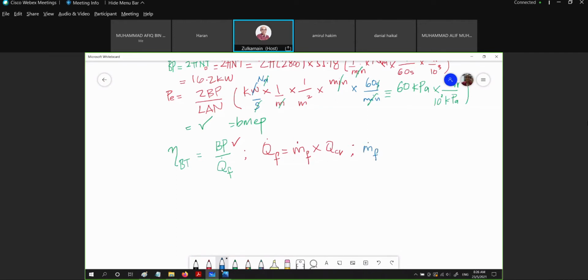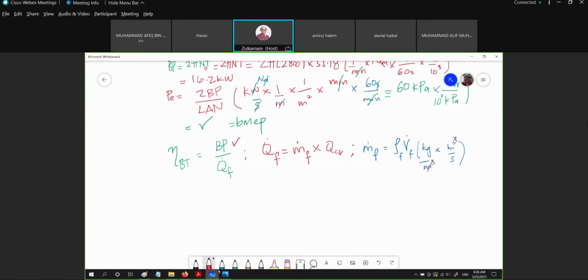The m dot F is equivalent to rho multiplied by V dot F. Check the unit: kilogram over meter cube multiplied by V. So our V should be in meter cube per second, so that we get the unit kilogram per second.